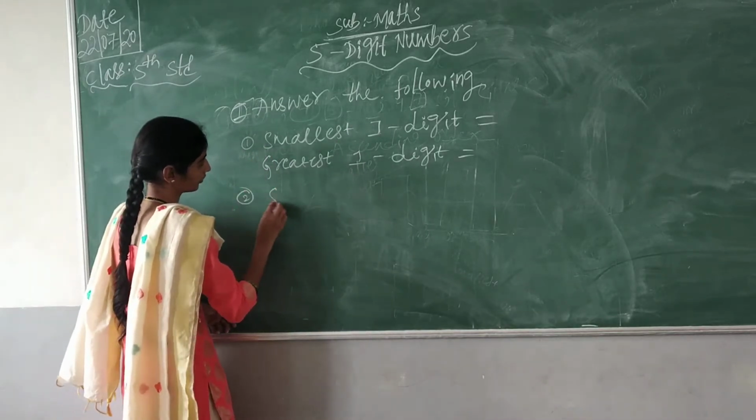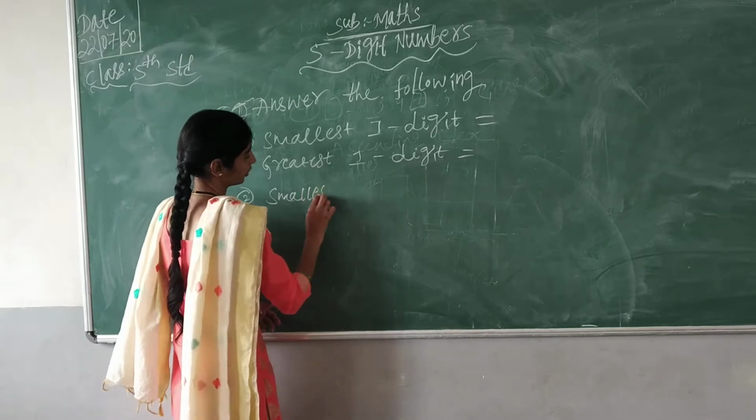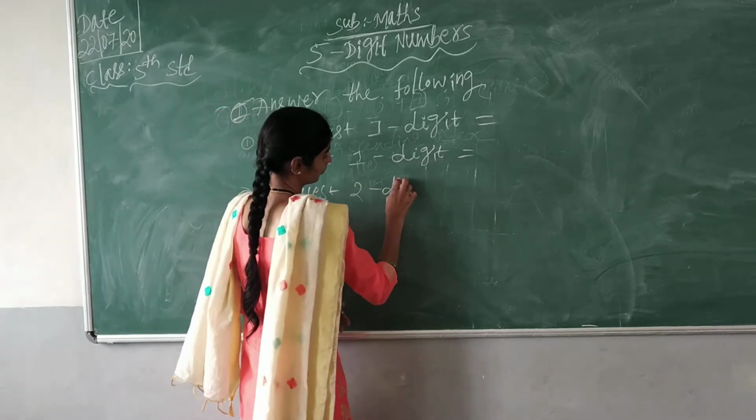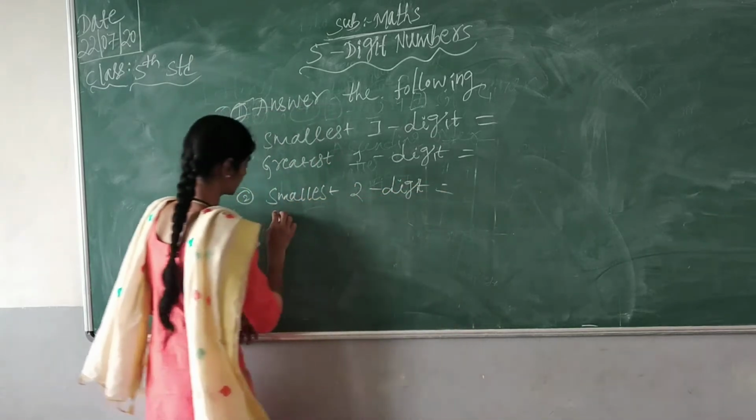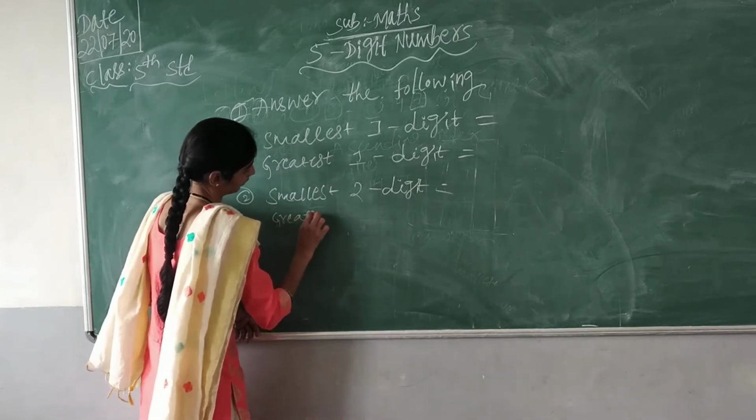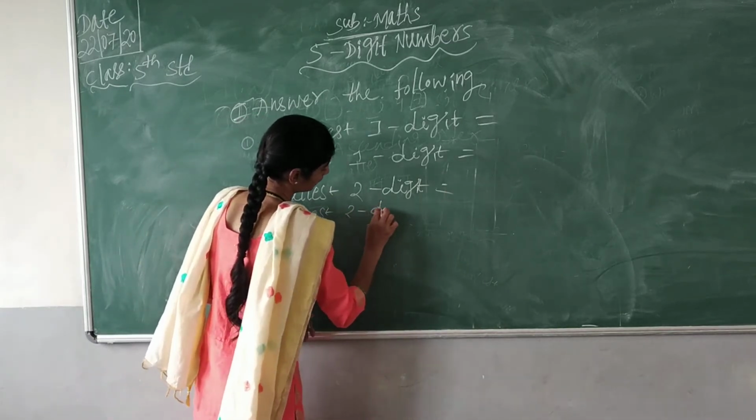Again, second: smallest 2-digit number. Greatest 2-digit number.